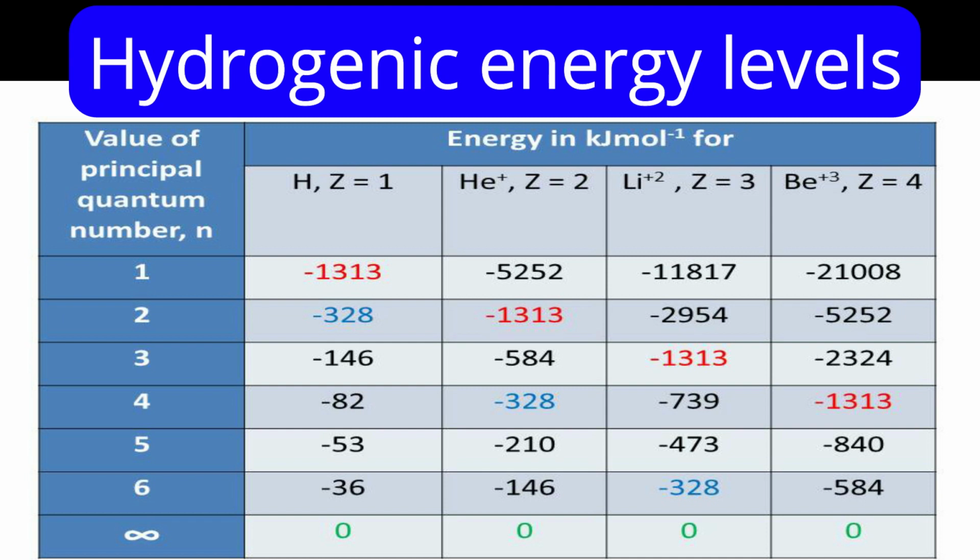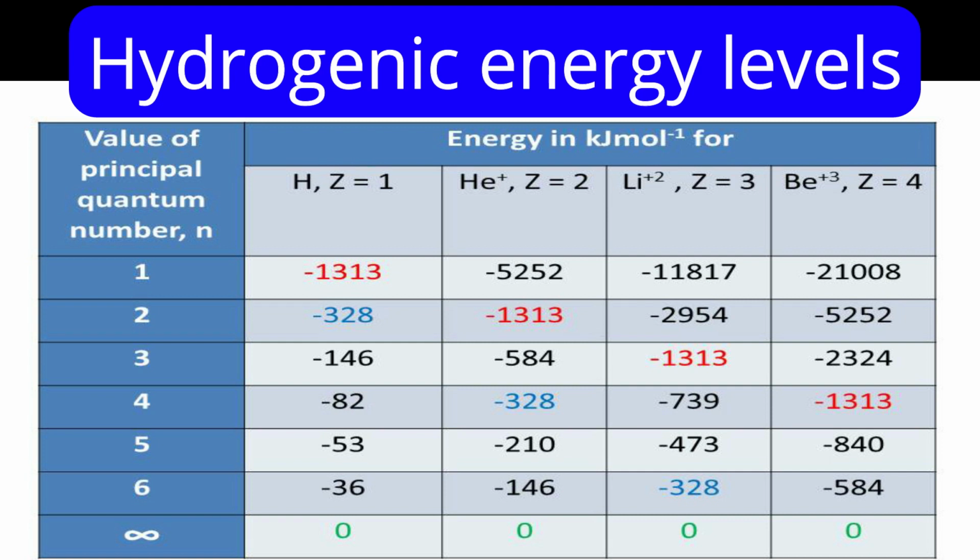Li plus 2, atomic number increased by a further 1. And that minus 328 kilojoule per mole value is there for which shell? Sixth shell. Likewise, for beryllium plus 3, it will be for which shell? Eighth shell.